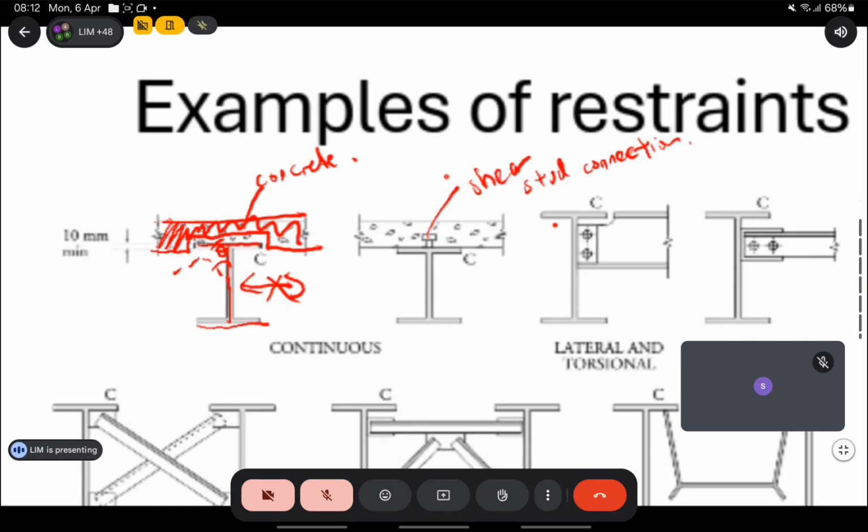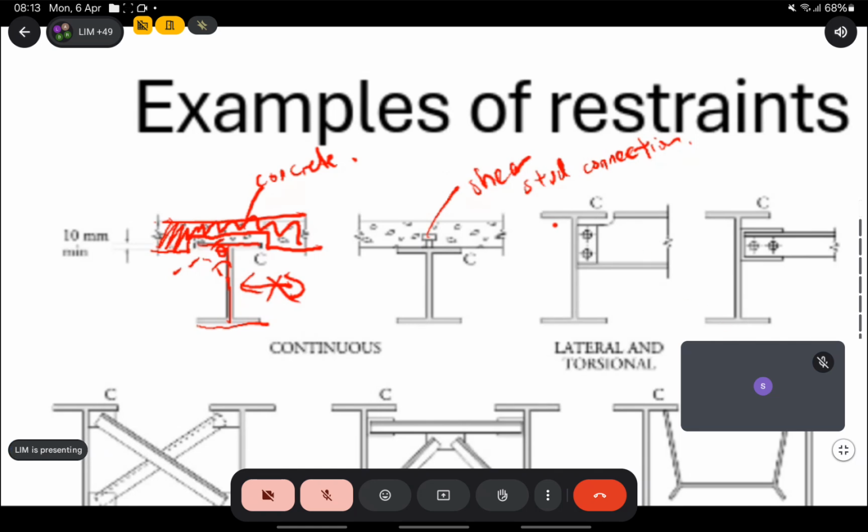If the beam wants to rotate, it cannot because you have that connection connecting the beam to the concrete slab, stopping it from moving. So in this case, this is like a symbiotic relationship. The beam is carrying the slab, but the slab is helping the beam also in terms of LTB. So they help each other.